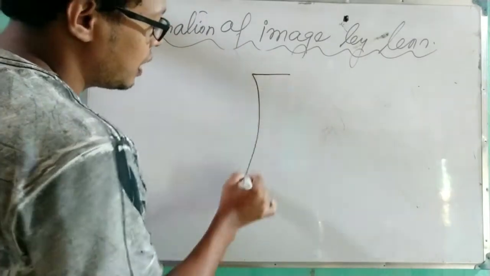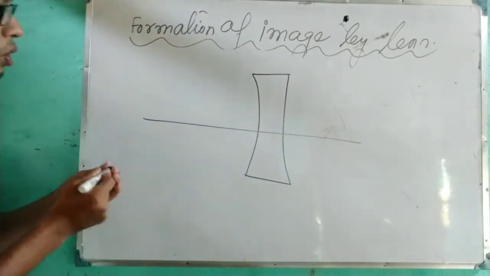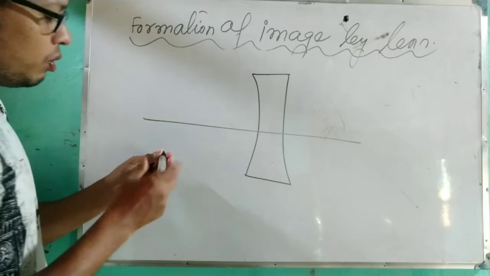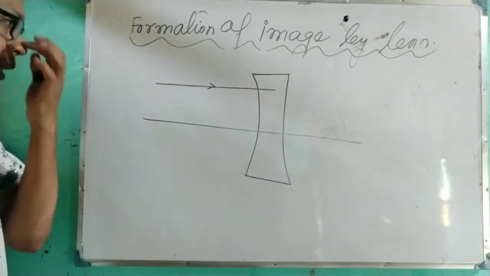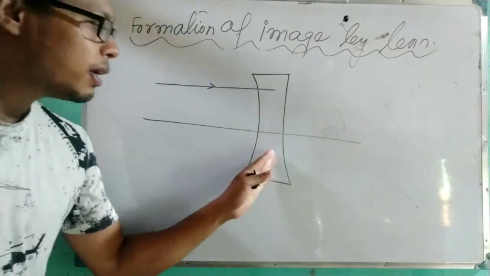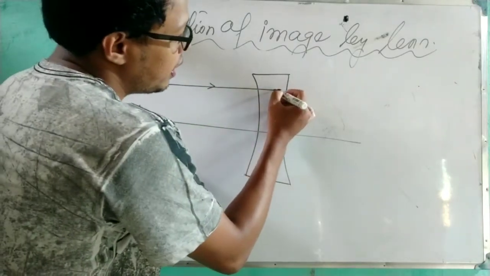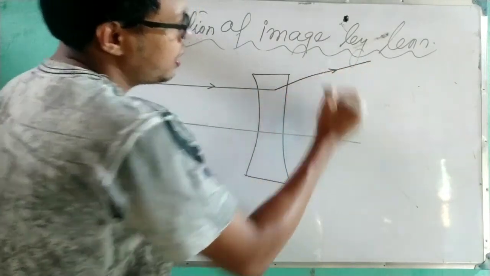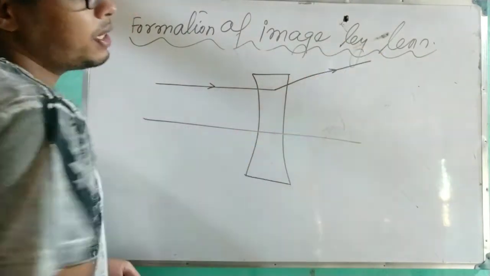In case of concave lens, look, this is the principal axis, and when the rays are parallel with the principal axis, then we know the convex lens is a converging lens, but the concave lens is the diverging lens. So after refraction, the rays diverge from the point of incidence. Now see, these rays cannot meet.